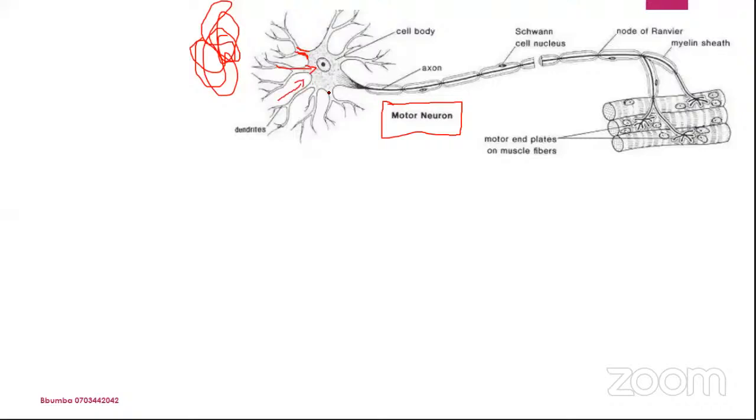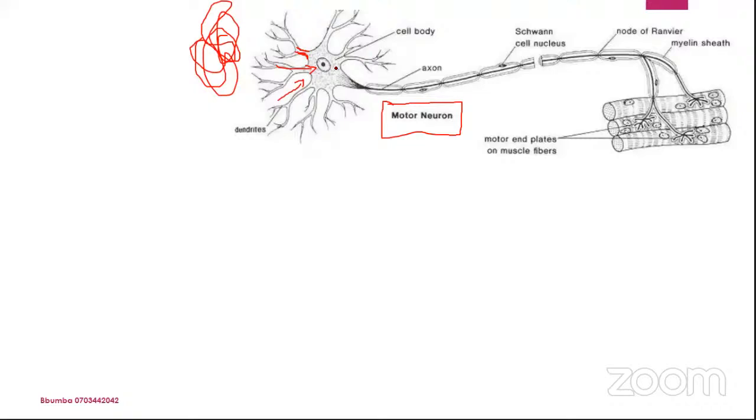Okay. Now, the cell body, first of all, it contains a nucleus that coordinates the functions or activities of this cell. That's number one. It also contains a lot of mitochondria in here, which generate energy for the cell. Okay.